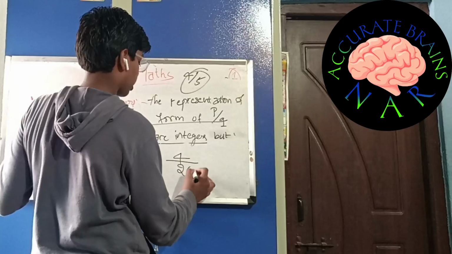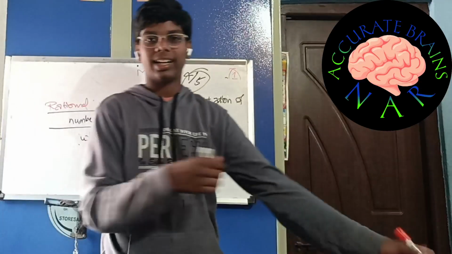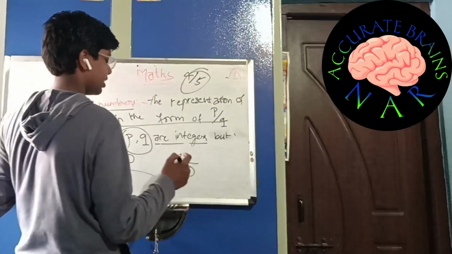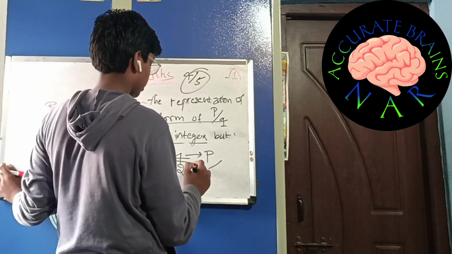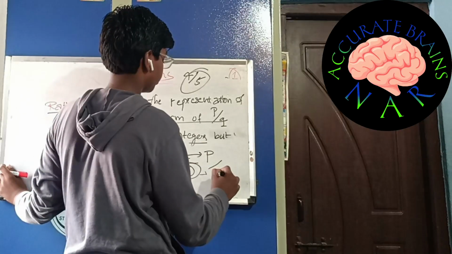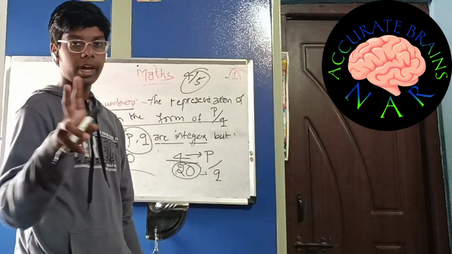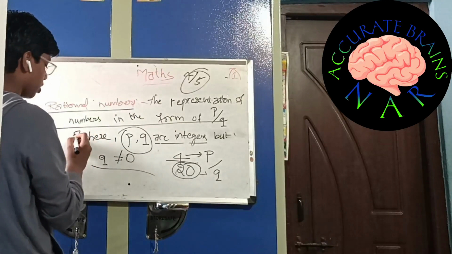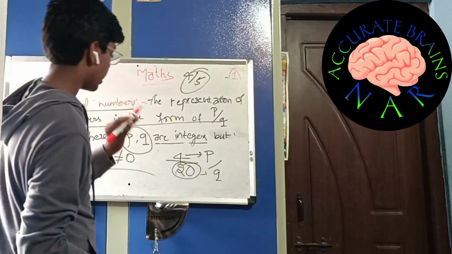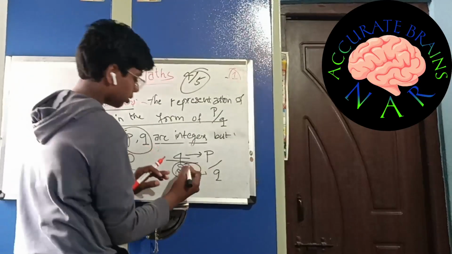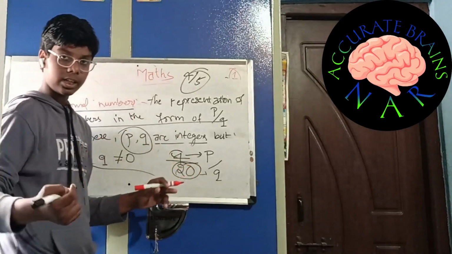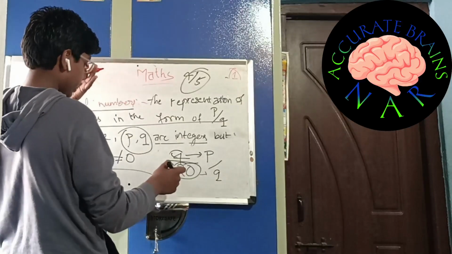So here, 4 is nothing but P and 20 is nothing but Q. Here we have to follow these two properties: P and Q are integers, right? 4 is an integer, as we studied, and 20 is an integer.